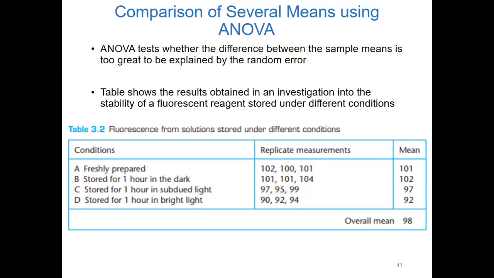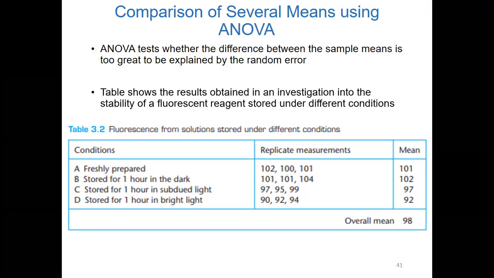The third column shows the mean value for the 4 different conditions, and the overall mean has also been calculated. I will show you using this data how we perform the ANOVA test. So that is the experimental data we got.